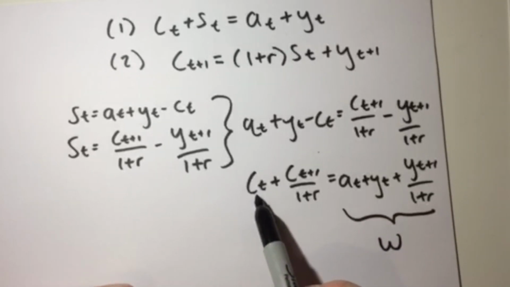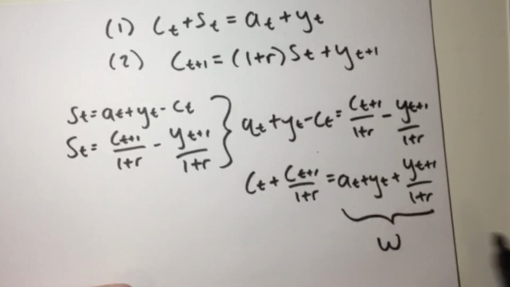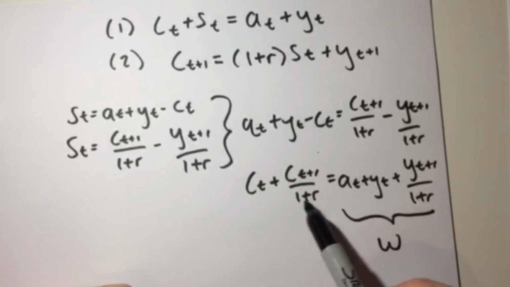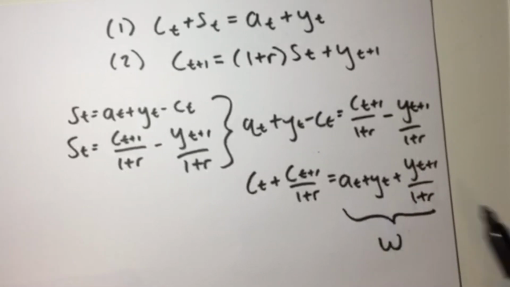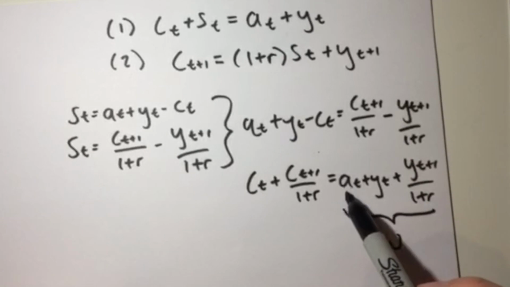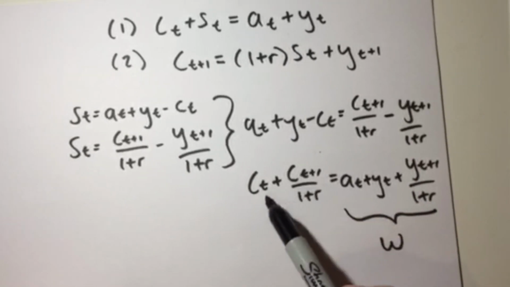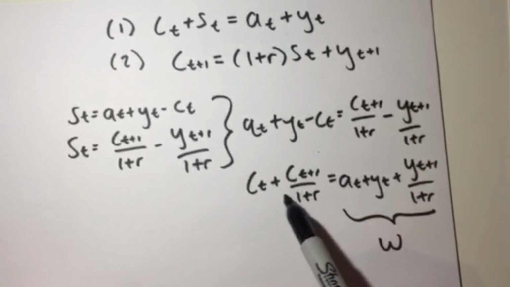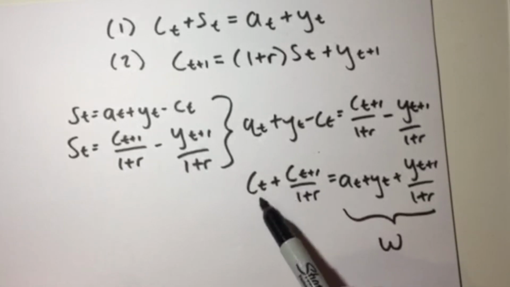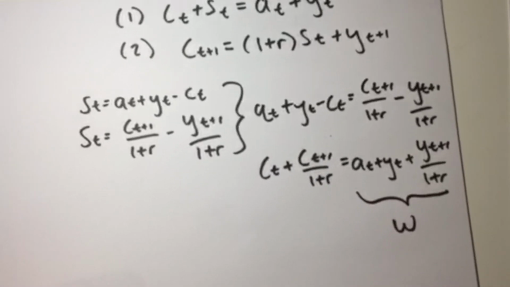So now consumption in the first period plus consumption in the second period divided by 1 plus r equals W, which is our lifetime wealth, which is everything that we get, which is equal to everything we consume over the 2 periods.